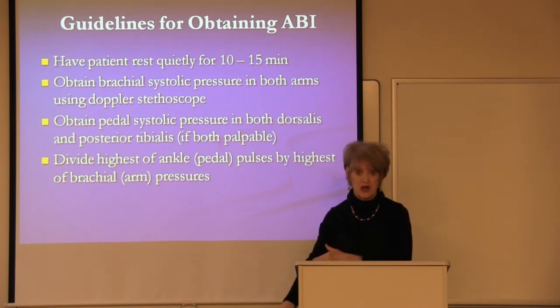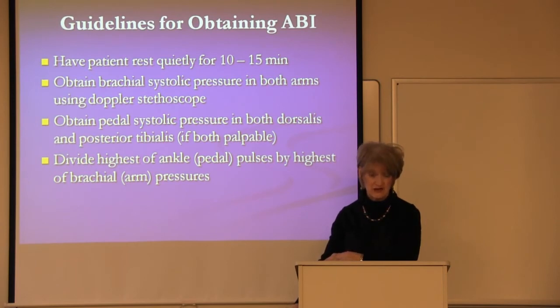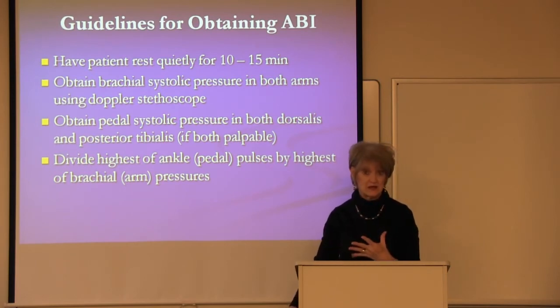You're going to use your Doppler. Why? Because if we're using a Doppler to get our pressures in the legs, we need to use a Doppler to get the pressures in the arms because Dopplers are more sensitive. And so we should be using exactly the same instrument to measure arm pressures and ankle pressures.